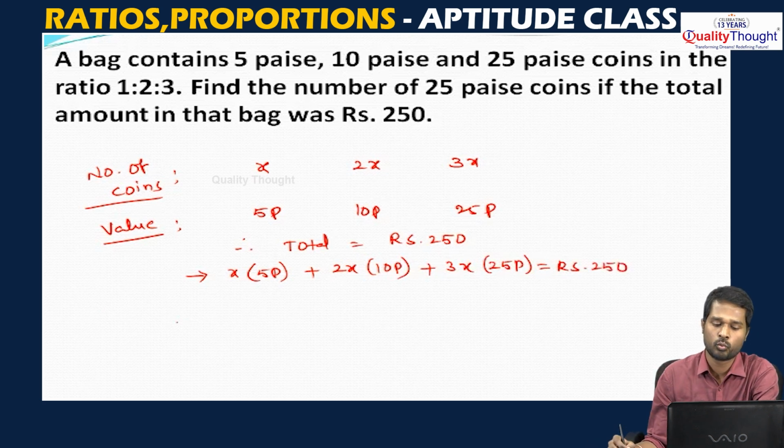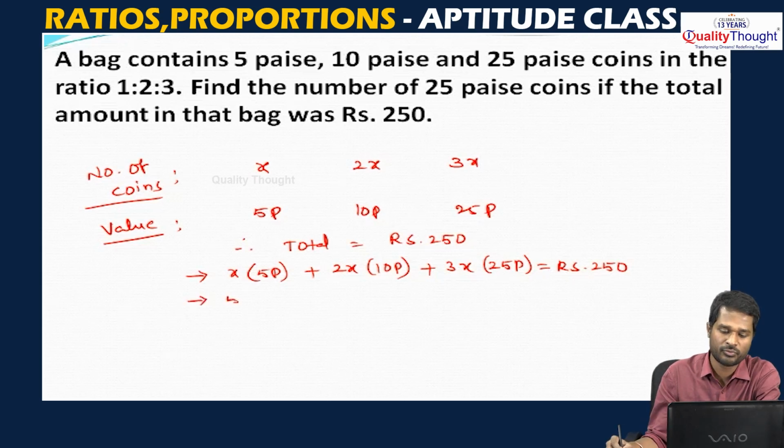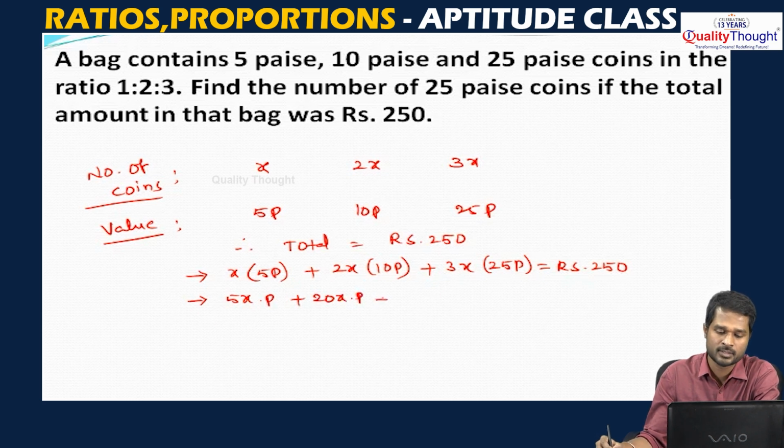Now check, on one side everything is in paisa, on the other side it is in rupees. Convert everything into paisa or everything into rupees. So this is 5x into p paisa, this is 20x into p, plus 25 threes are 75x into p is equal to 250 rupees. I will cancel this p after converting 250 into paisa. 1 rupee is 100 paisa, so 250 rupees is 250 into 100 paisa.